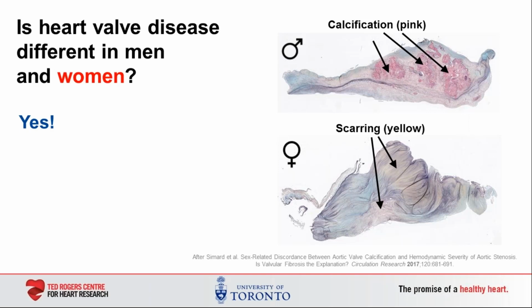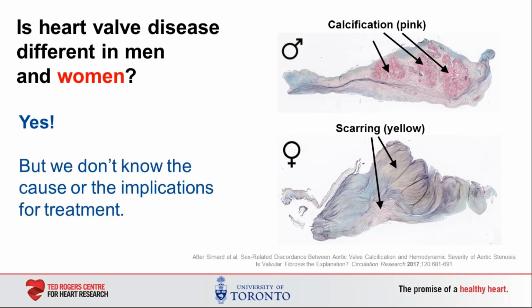In contrast, the female valve shown at the bottom has a lot of scarring and doesn't have the same extent of calcification. The patients with these valves showed the same symptoms and the same extent of dysfunction in their valve, but clearly the men and women are having very different disease processes resulting in that dysfunction. Next slide. But we don't know why.